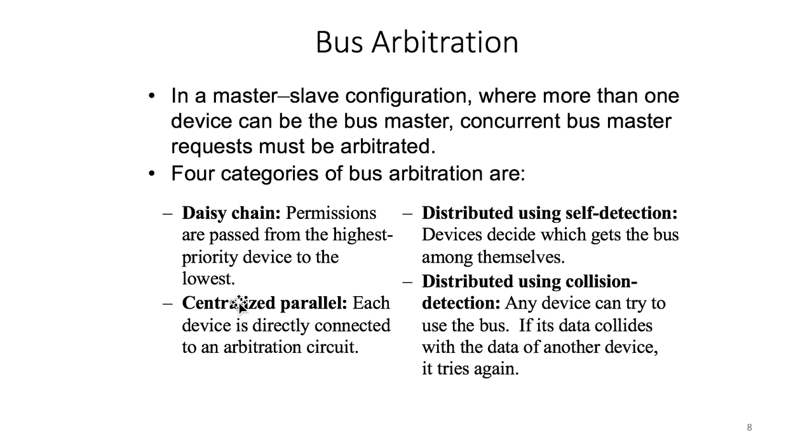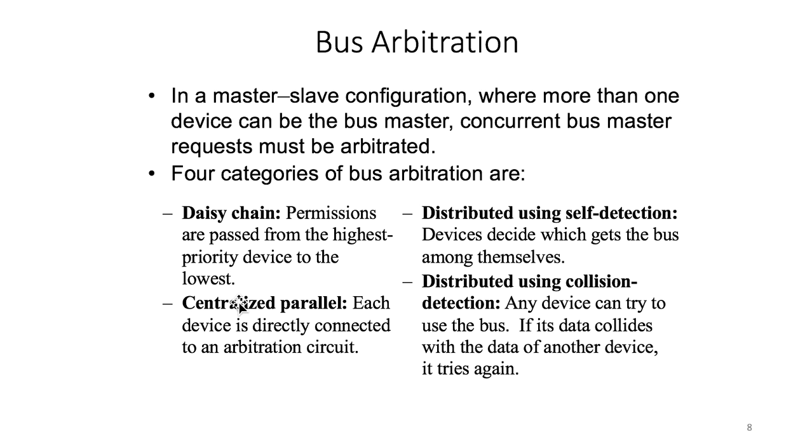Concurrent bus master requests must be arbitrated. It means the system needs to give priority to certain master devices, and at the same time make sure lower priority devices are not starved.